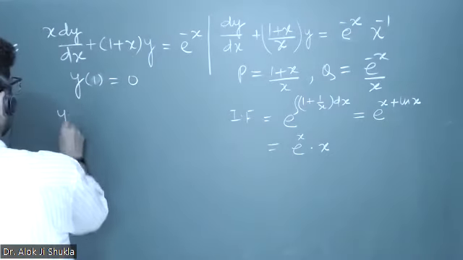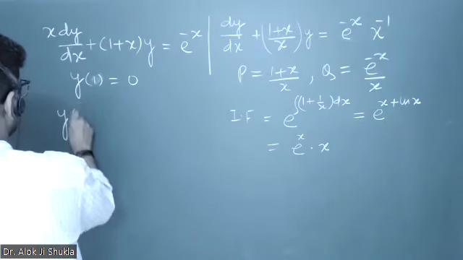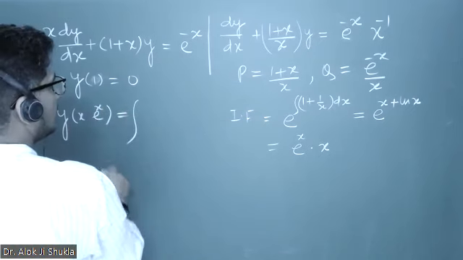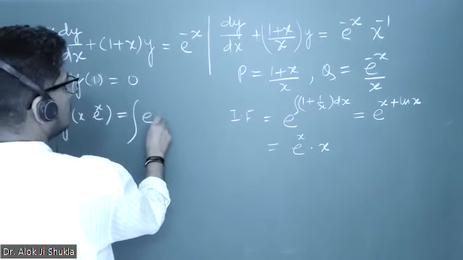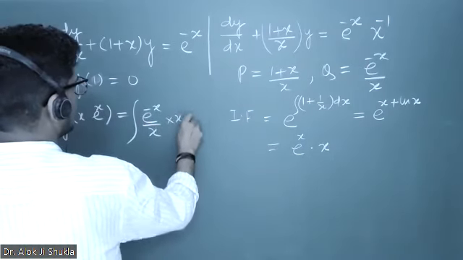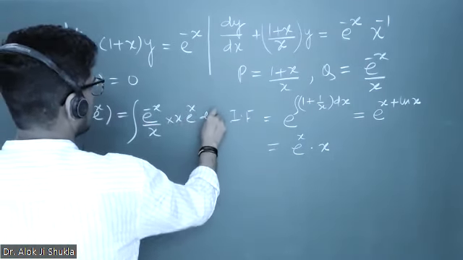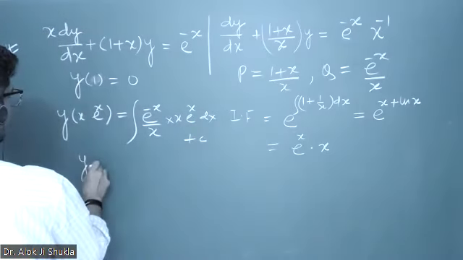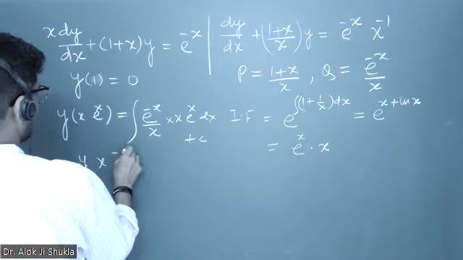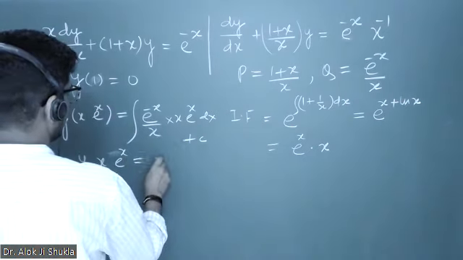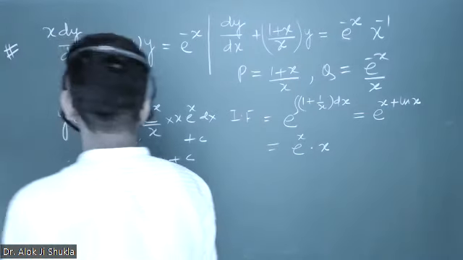So now y into integrating factor, which is x e to the power x, is equal to integral q into integrating factor, which is x e to the power x, dx plus c. So it will be y into x e to the power x is equal to x plus c.